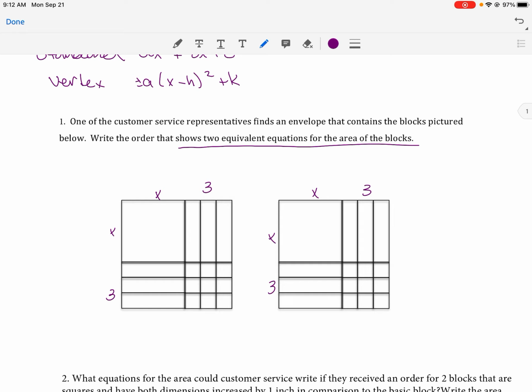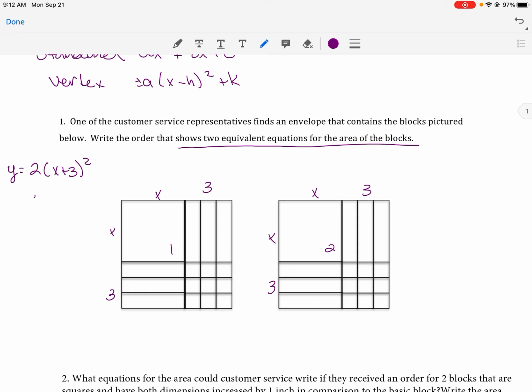Okay, so I'm going to start by writing this in vertex form. I'll do that over here. So I know that I have x plus 3 is my area and I'm squaring it. Now I need to factor in that there is not just one block, there's actually 2 blocks. So it's 2 times that area. And then there's nothing else that goes on the end, right? So here's my vertex form.